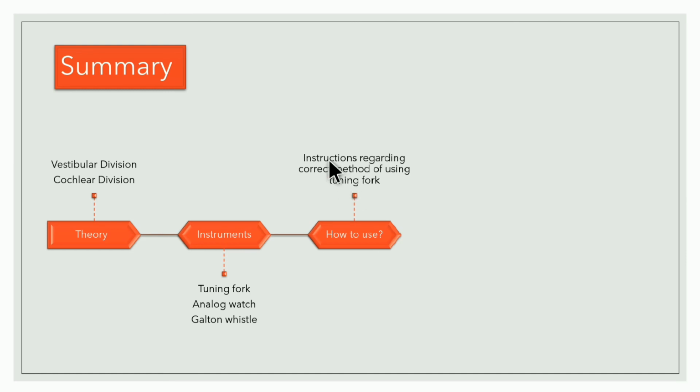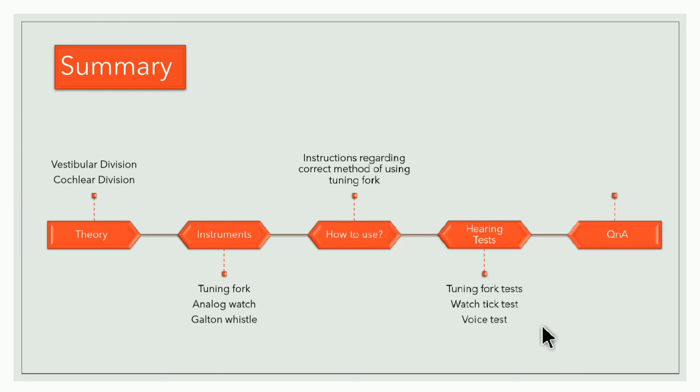So the correct method of using the tuning fork, that we have discussed today. And then the hearing tests, mainly the tuning fork tests. Which are the tuning fork tests? Three important tuning fork tests: one is Rinne's test, second is Weber's test, and third is the Absolute bone conduction test. Then the watch stick test and the voice test. These are the only tests which you need to do in the university examination. And lastly, the question and answer section from the journal. So these are all the things we have discussed in today's practical.